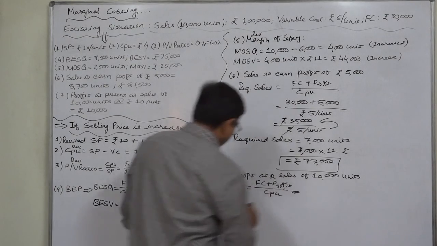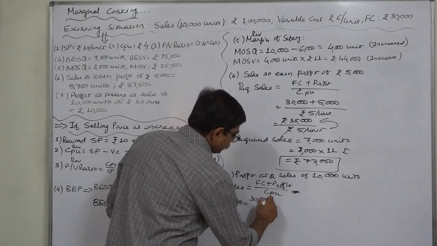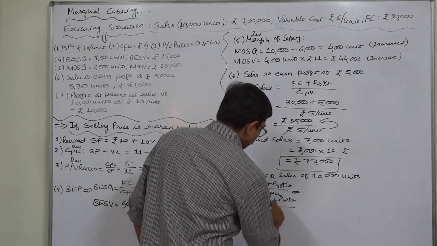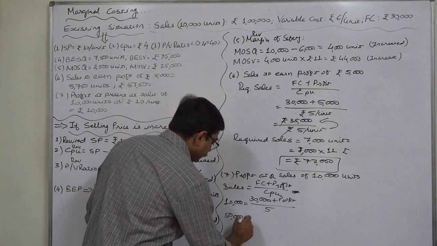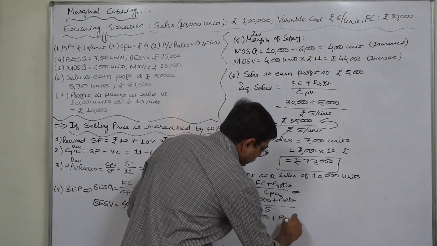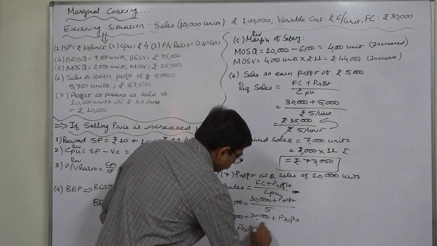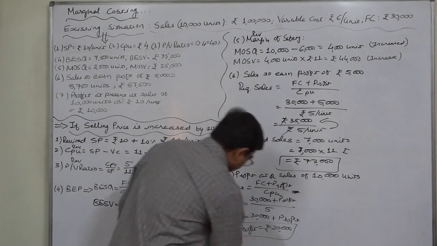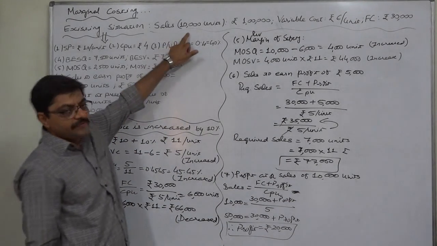Now what is going to happen? Sales is 10,000 units, where fixed cost 30,000 plus profit is missing and contribution is 5. So cross multiplication gives 50,000. So profit comes to rupees 20,000. At present it is 10,000 rupees at the sale of 10,000 units.